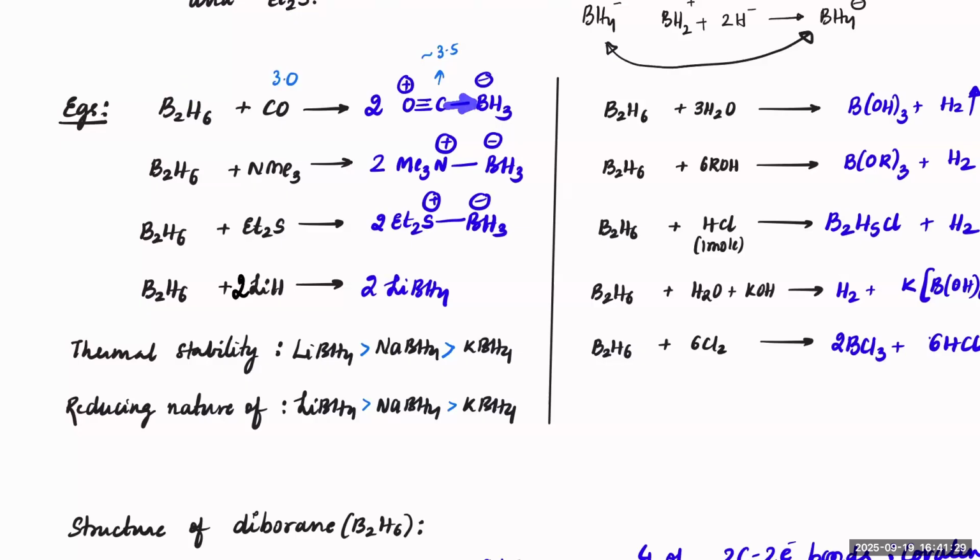Because it is donating electrons towards boron, the bond order between carbon and oxygen increases and comes close to 3.5. Clear? Next one.